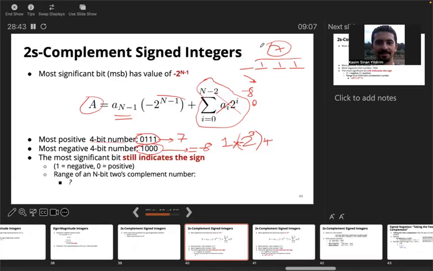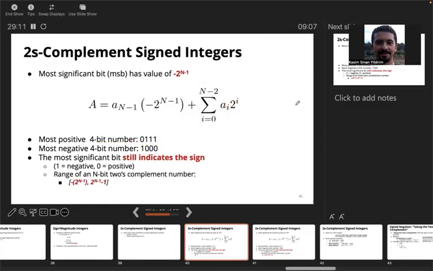I put a 0, 0, 1, 1, 1. This is the largest positive number. And 1, 0, 0, 0 is the smallest negative number, or largest negative number, I would say. Is this -8?